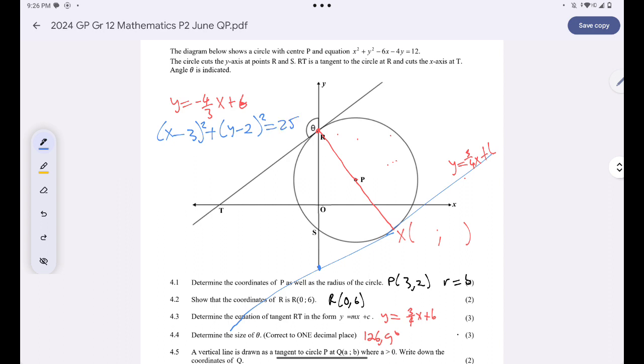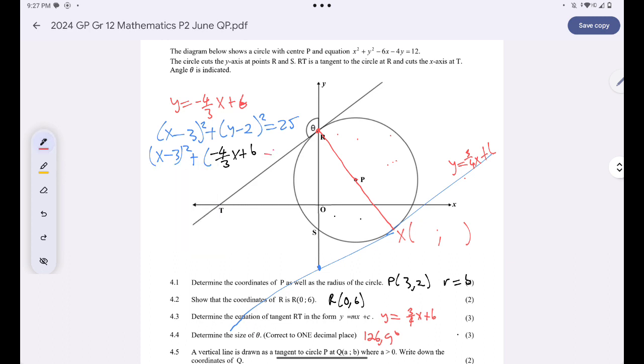So whenever I see y, I'll just substitute this. I'll have (x minus 3) all squared plus (negative 4 over 3 x plus 6 minus 2) squared.